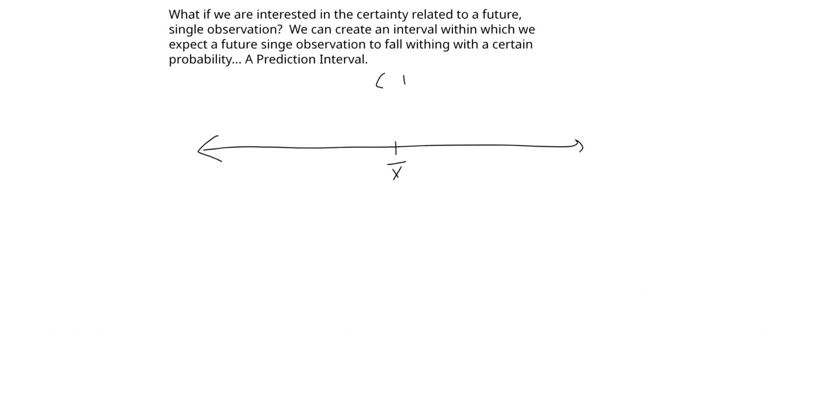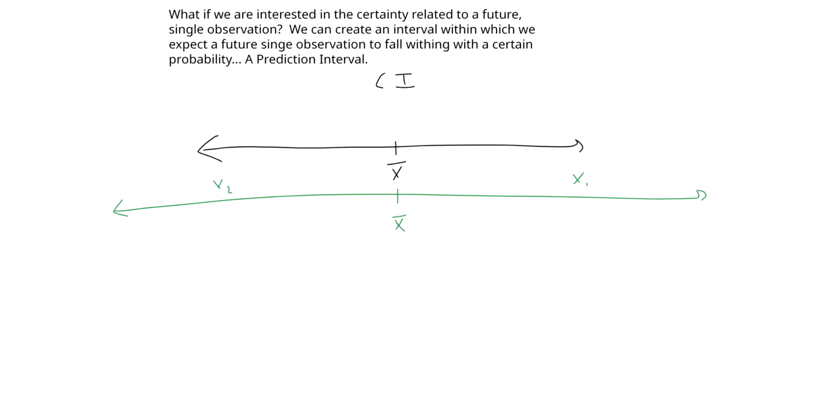It's all based on the mean, and you're going to have different X bars, different samples, different locations. In this case now, with the prediction interval, we're interested in finding an interval, and it's going to be wider. So I'm just going to draw it like this, still centered on X bar. But now I'm interested in this interval with a certain level of confidence that, let's say, a future observation X1 or X2 or X3 could fall within.